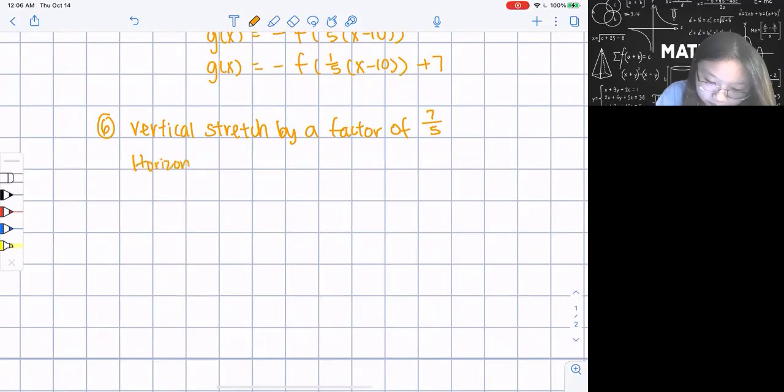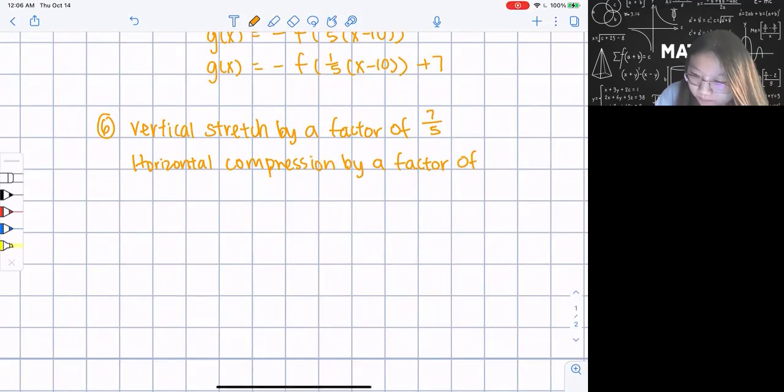Horizontal compression by a factor of, let's see, 4/7.